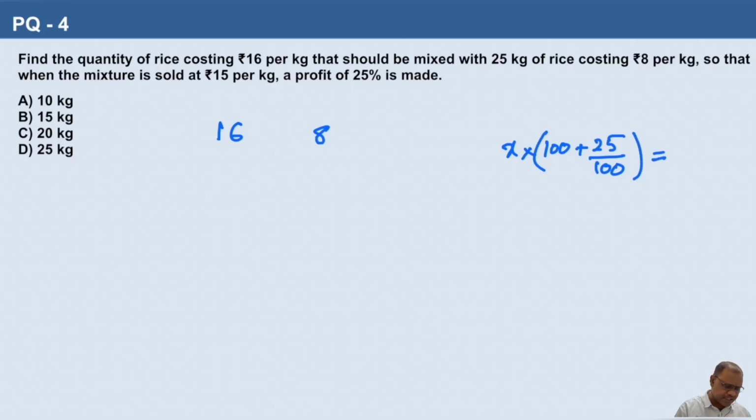Then the selling price is 15 rupees per kg. So if you simplify this, 100 plus 25 by 100 is 125 by 100.